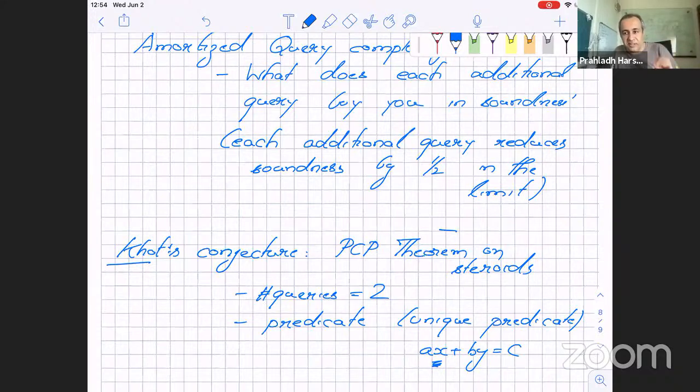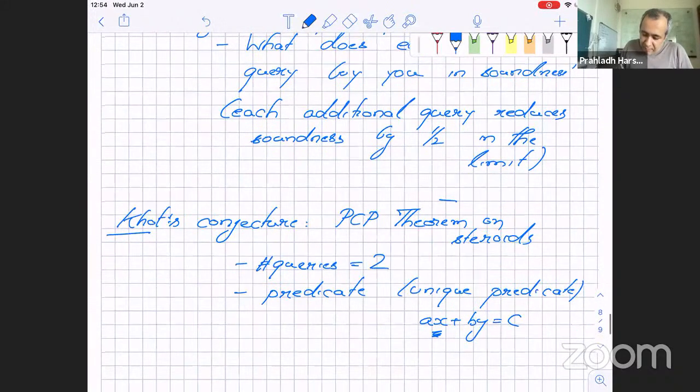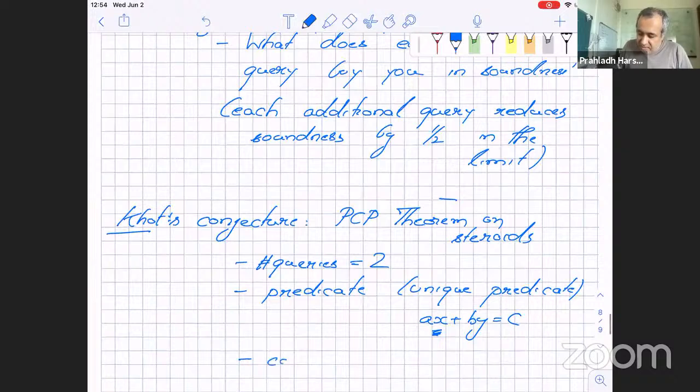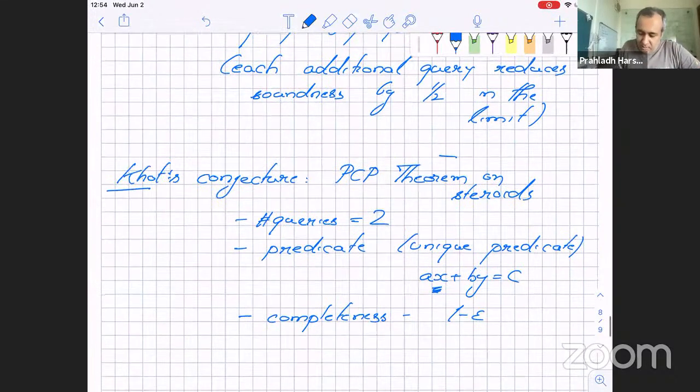Suppose the predicate had this other feature, and furthermore, the completeness was 1 minus epsilon. You could make the completeness as close to 1 as possible, and soundness delta as close to 0 as possible for all delta and epsilon.